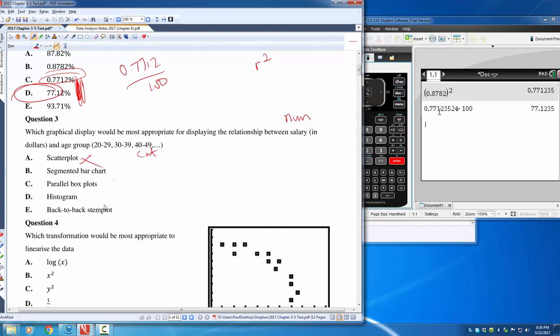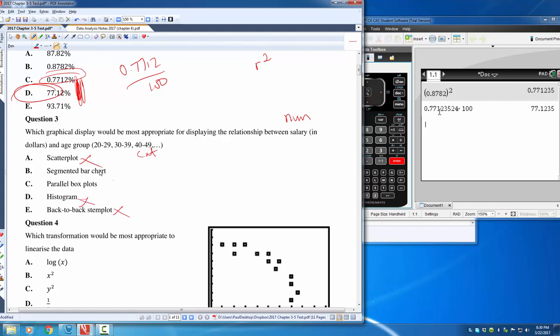Back to back stem plots look at two pieces of data being compared, so no. The histogram would only look at the number of people in each age group, but we're looking for a relationship between salary and this.